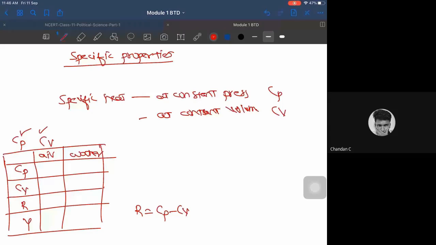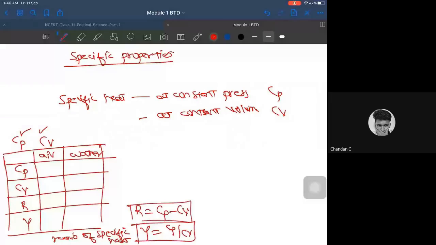And gamma is a very important parameter known as the ratio of specific heats, given by Cp by Cv. So if you get the values of Cp and Cv, you will automatically calculate R and gamma.